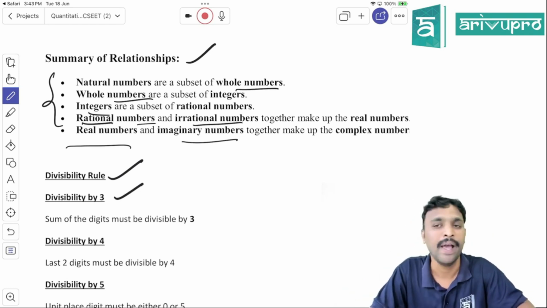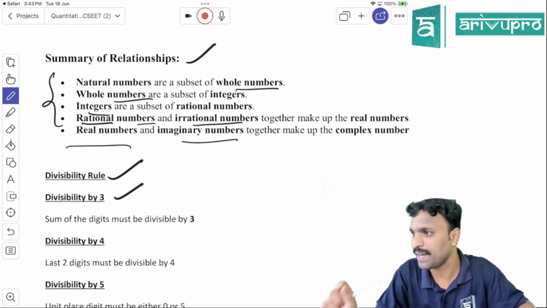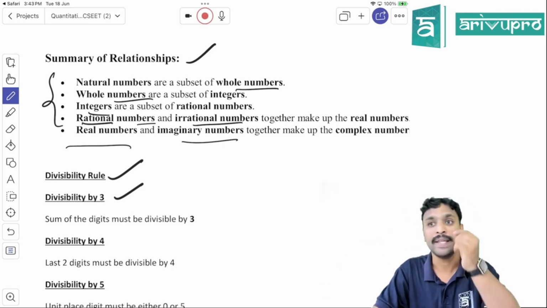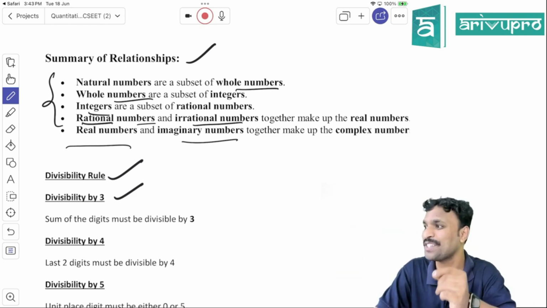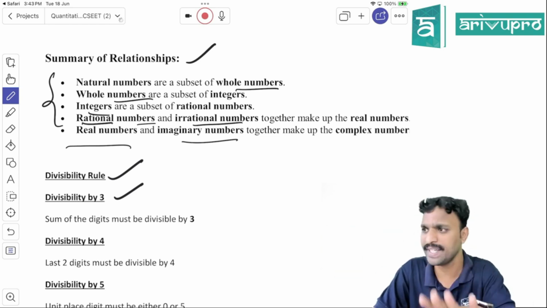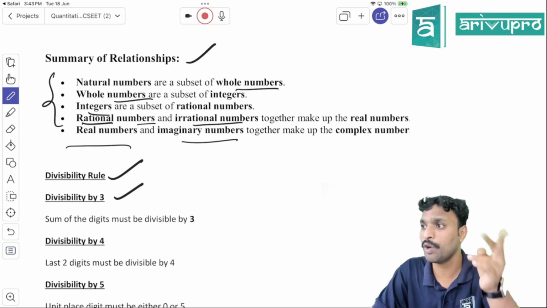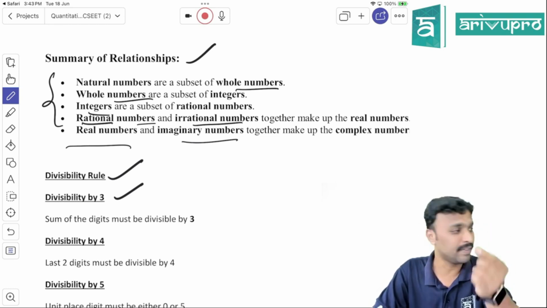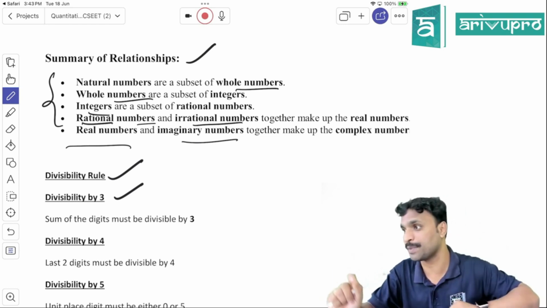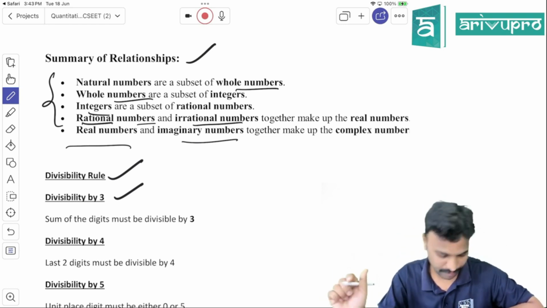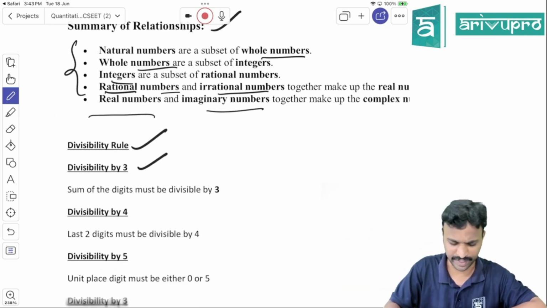However big the number can be, the digit at the units place has to be an even number. If it is even, it is definitely divisible by 2. Even means 0, 2, 4, 6, 8. If these digits occur at the units place, such numbers are divisible by 2.